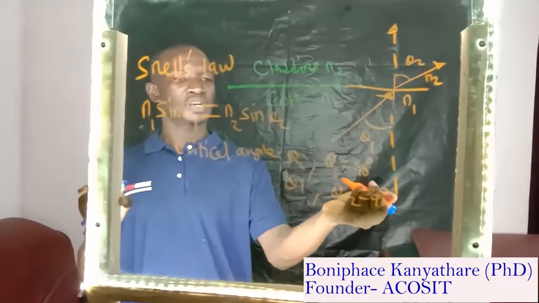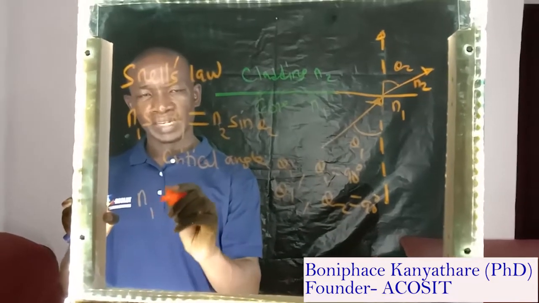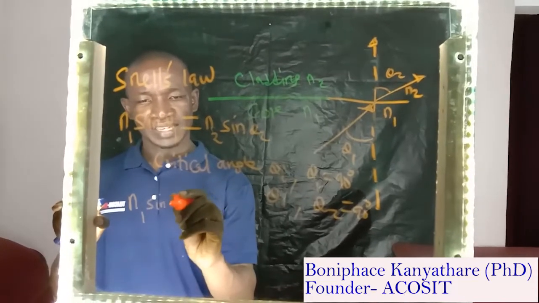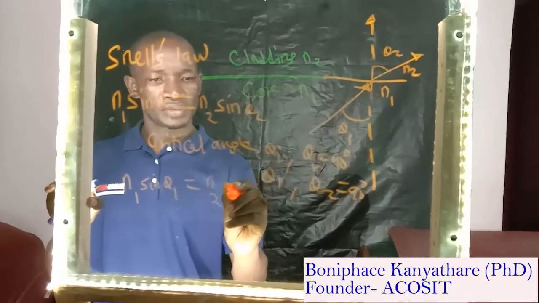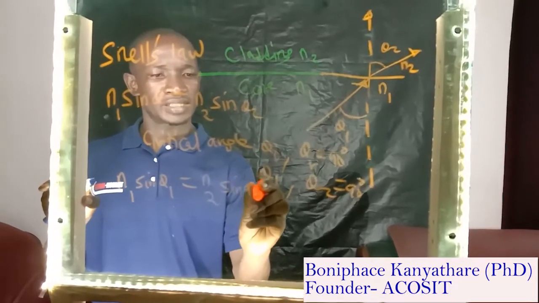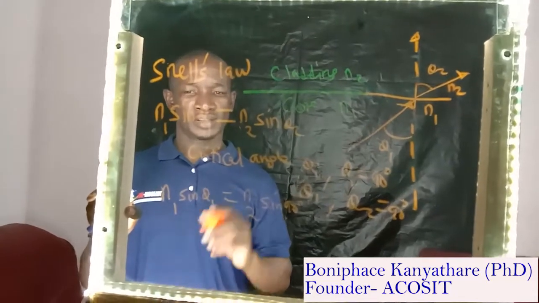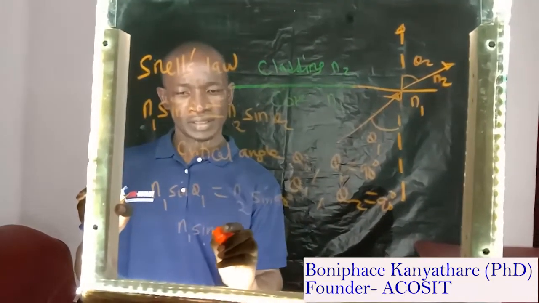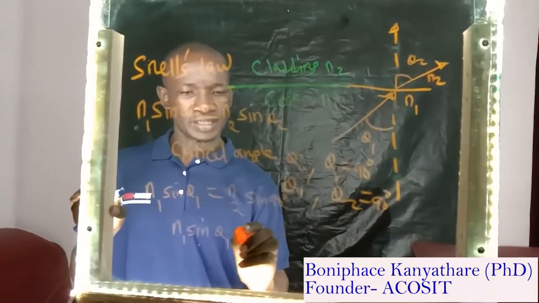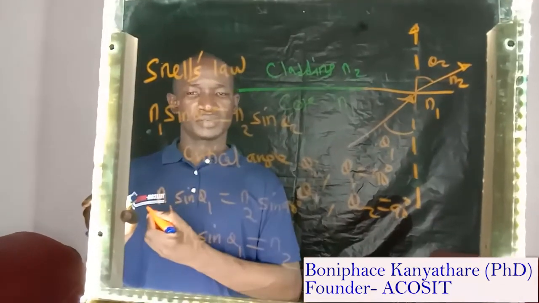What happens if we apply this into this formula? We'll have N1 sine theta 1 is equal to N2 sine 90. What is sine of 90? Sine of 90 is 1. Therefore, N1 sine theta 1 is equal to N2 times 1.